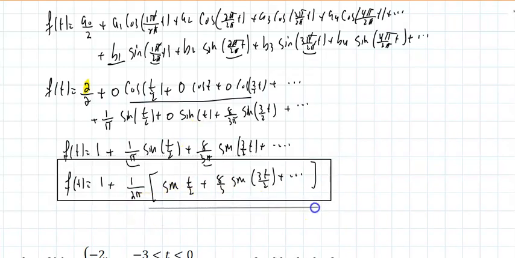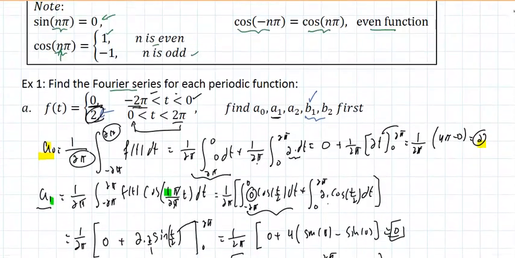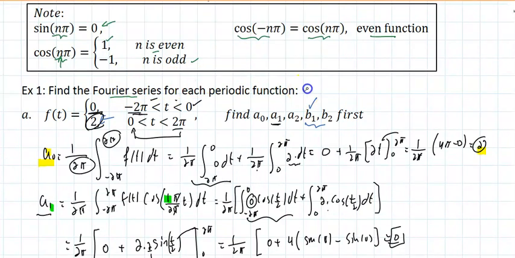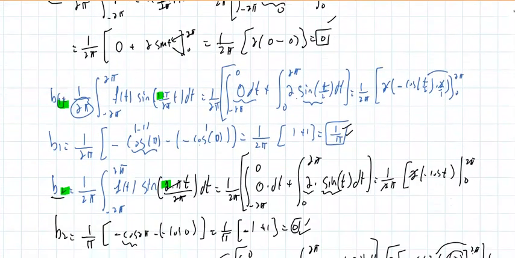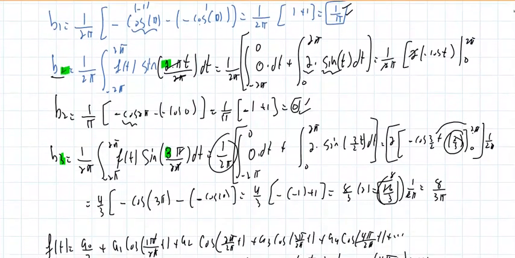Now, the idea of listing, we want to find the periodic. We really want to find a sub 0, a sub 1, a sub 2, b sub 1, b sub 2. We should find a bit more to figure out the pattern. But here they just want the first 3 or 4 terms. So they're specific on the homework.